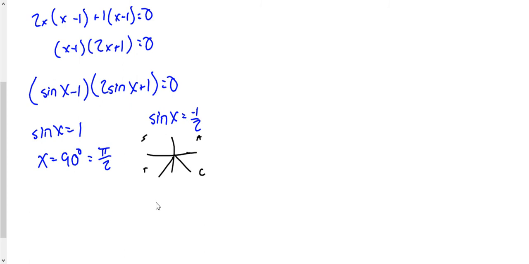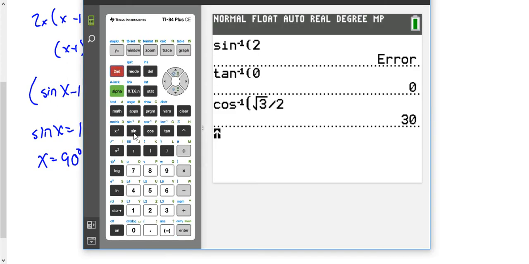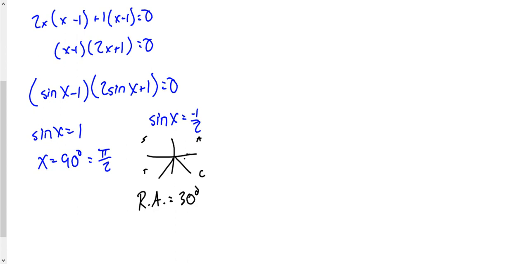So first things first, let's find our reference angle. So our reference angle here will be equal to 30 degrees, because again, sine inverse of a negative 0.5 should have gotten us negative 30, and there we go. So in quadrant 3 first, we're at 180 plus 30 degrees, so we're at 210 degrees there.